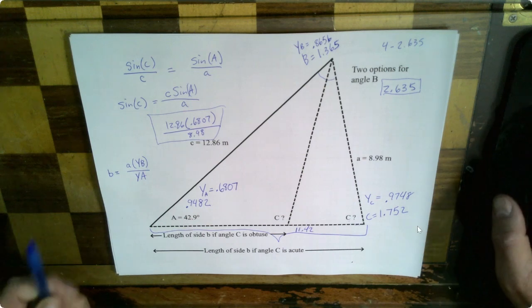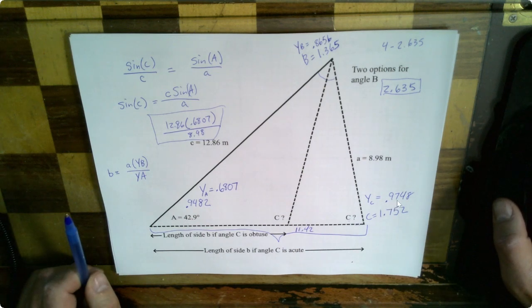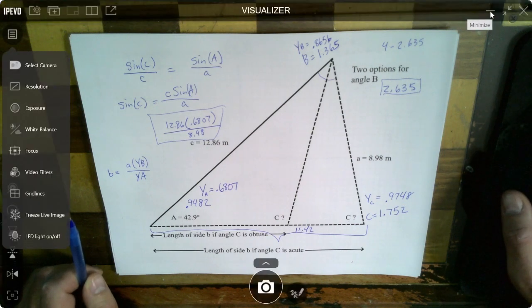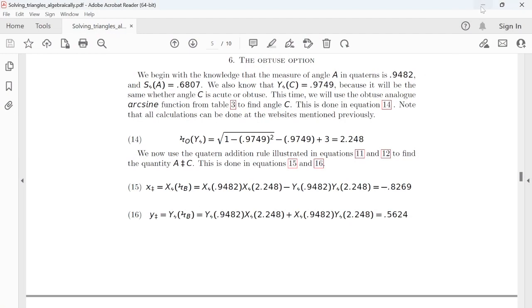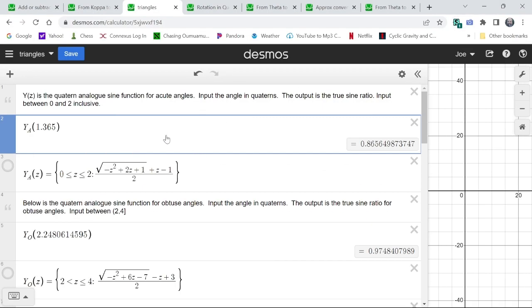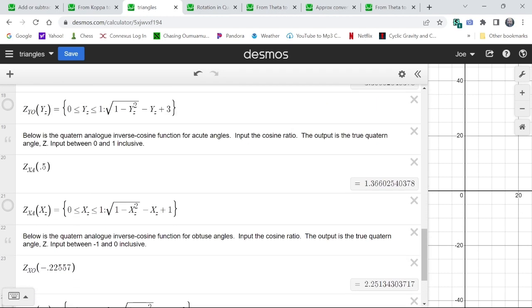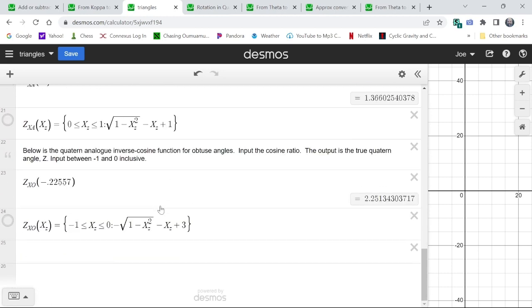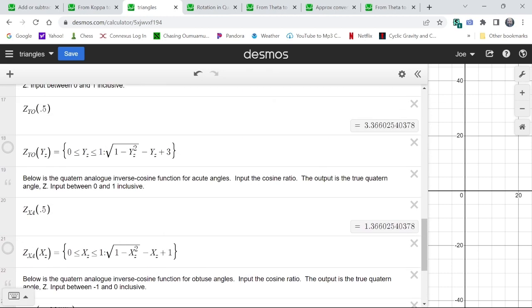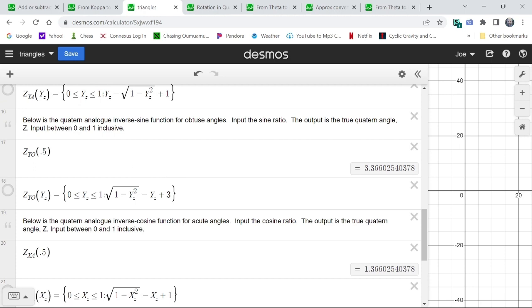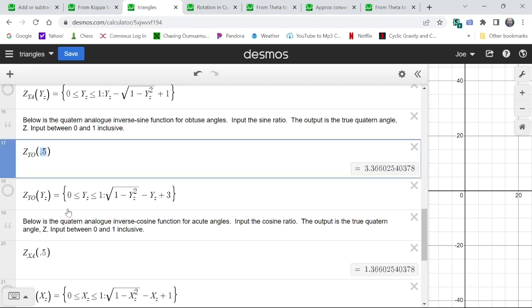Now if I take this same value, 0.9748, and use the inverse sine option for obtuse angles, which is a little different, last time I put it in the acute option.